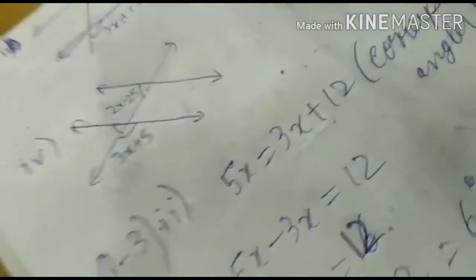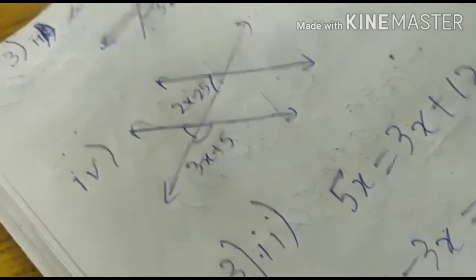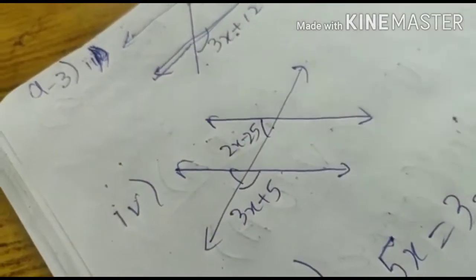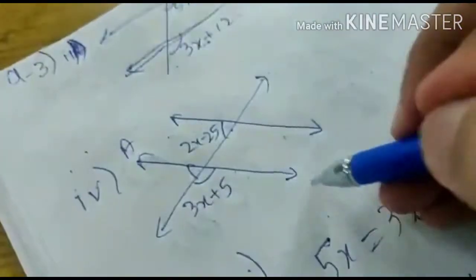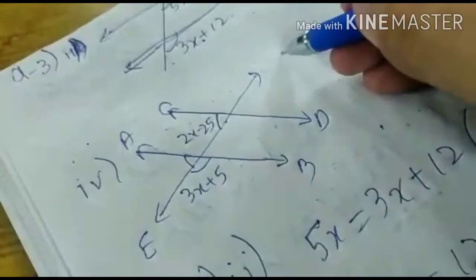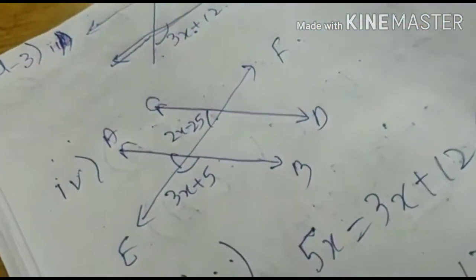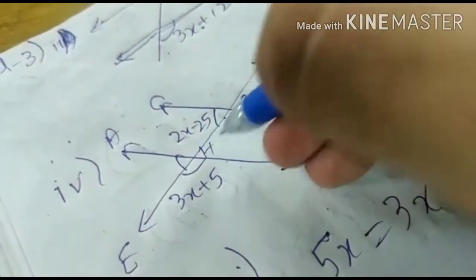Look, see the figure this way. Okay, you can do one thing. If you are not getting, you can mark these figures: A, B, C, D, E, F, and this point is G, H.